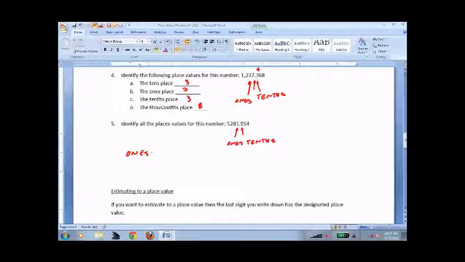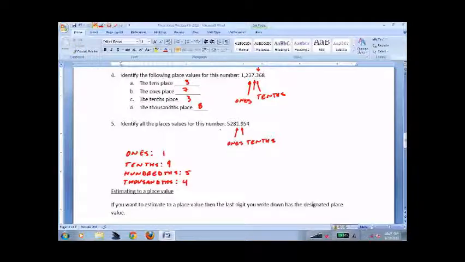I'll put a colon. 1 tenths. 9 hundredths. 5 thousandths. 4.